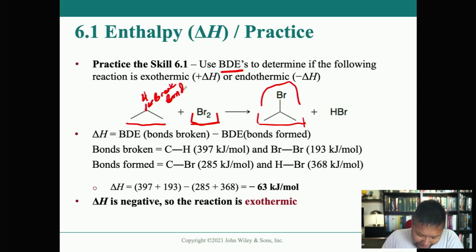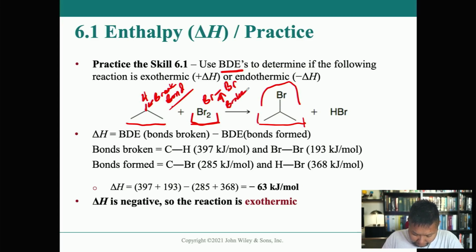So you have to break this bond right here, this hydrogen-carbon bond. And then you also have to break a bond between the two bromines. Got to break that bond too. Anyway, so got to break that bond there too, between the two bromines.